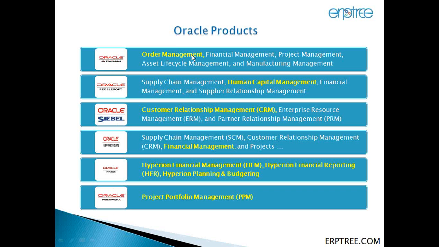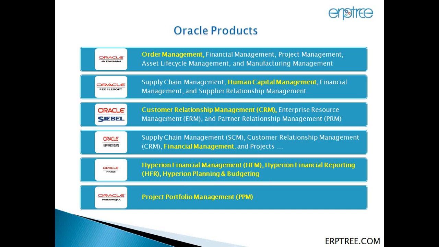From JD Edwards, they took the best solutions available, from PeopleSoft they took the HCM solution, from Siebel the CRM solution, from EBS financials, from Hyperion the reporting, planning and budgeting capabilities, and from Primavera the portfolio management PPM solution.